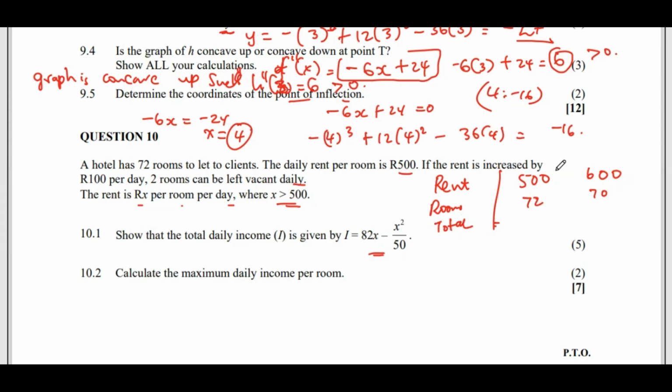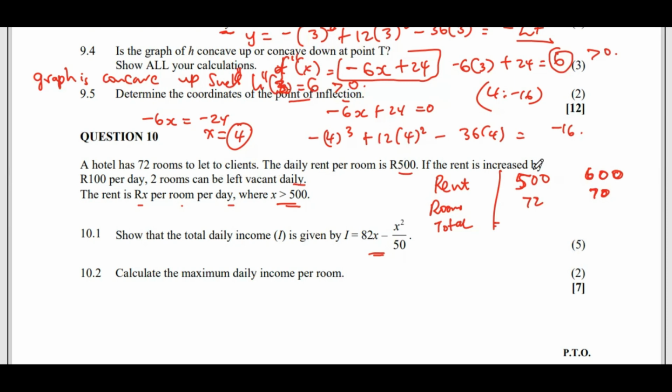So if it's 600, does it make sense though? The rent is 500, now the rent is 600.